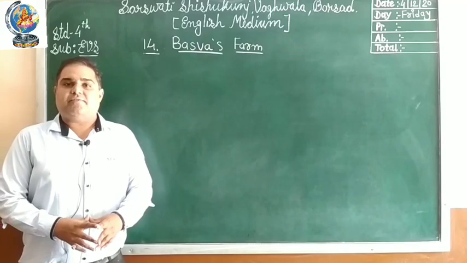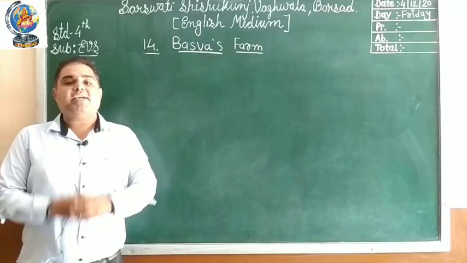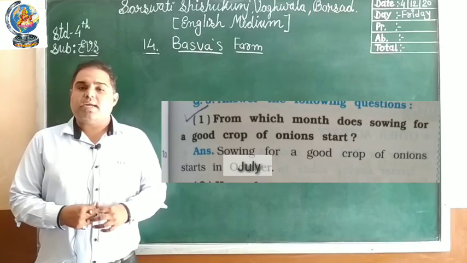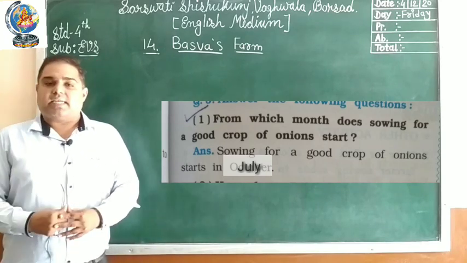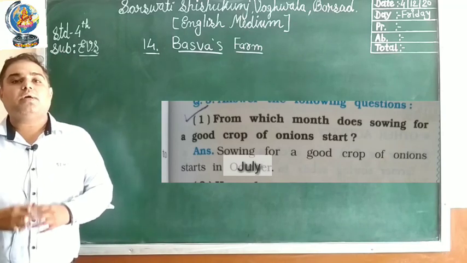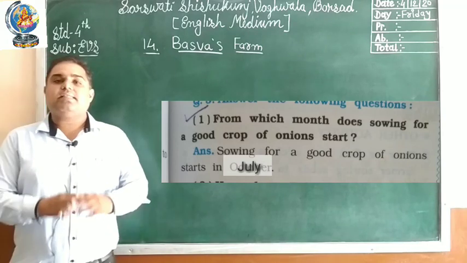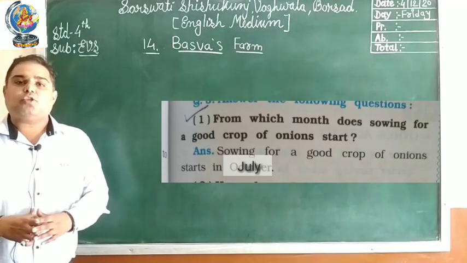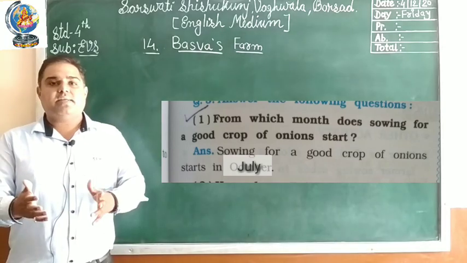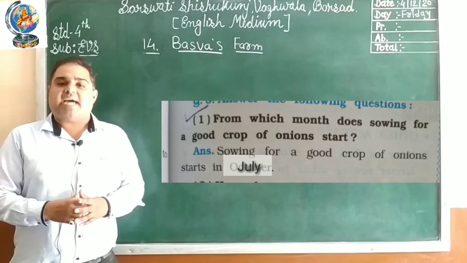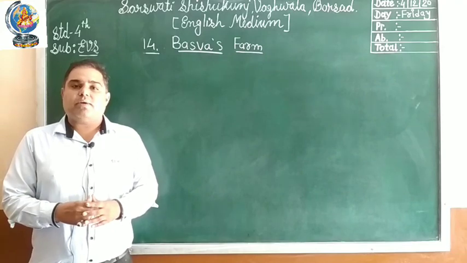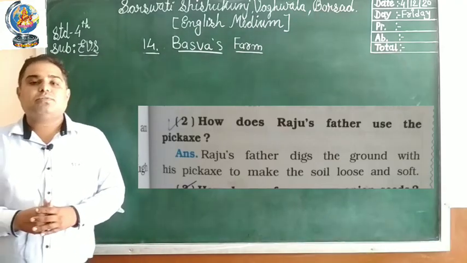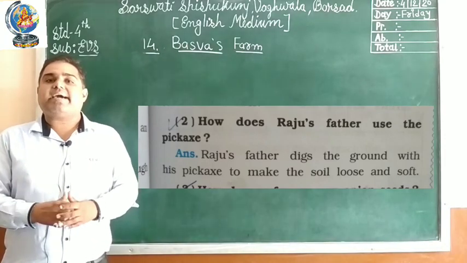In this question, first is: from which month does sowing for a good crop of onion start? The answer is that sowing for a good onion crop starts in the month of July. Only one word you have to remember: July. Then the second question is: how does Basva's father use the Kunti or pickaxe?